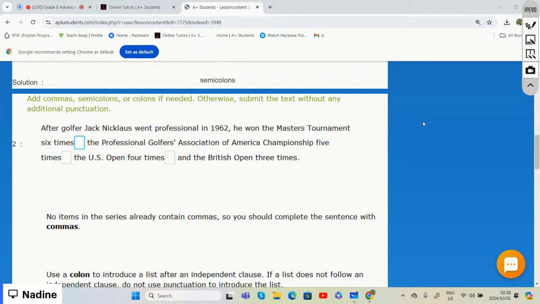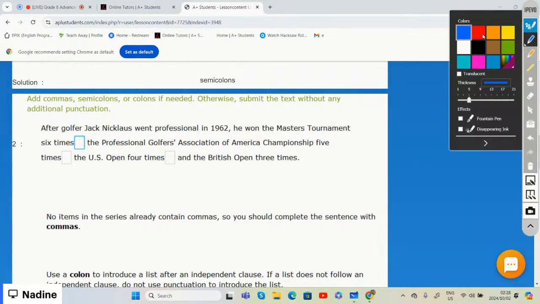It says after golfer Jack Nicklaus went professional in 1962, he won. So now they're telling us all the things that he won. So we are going to add commas to list the series of things that Jack Nicklaus has won.